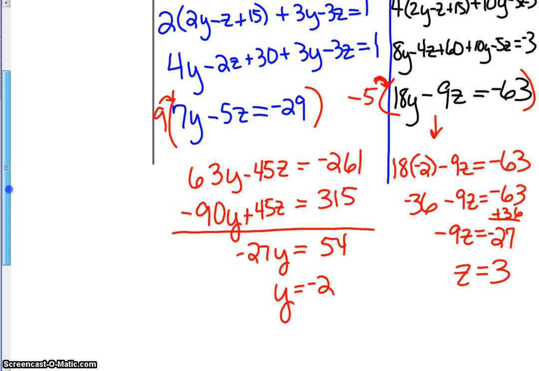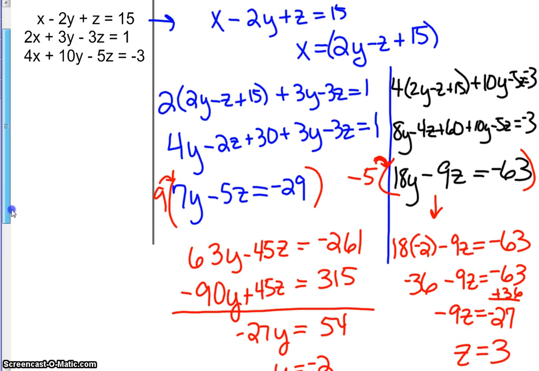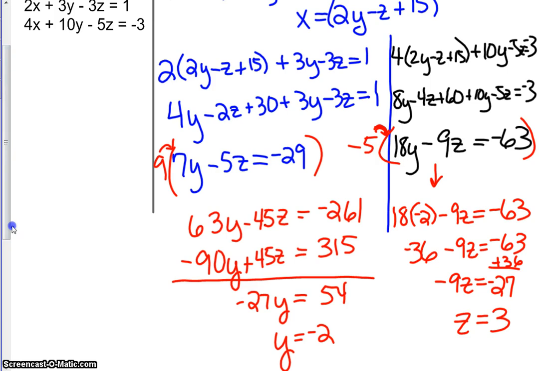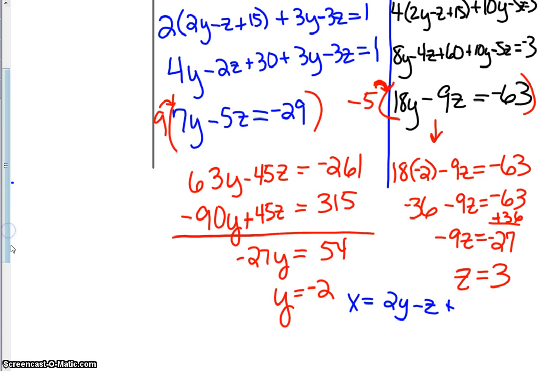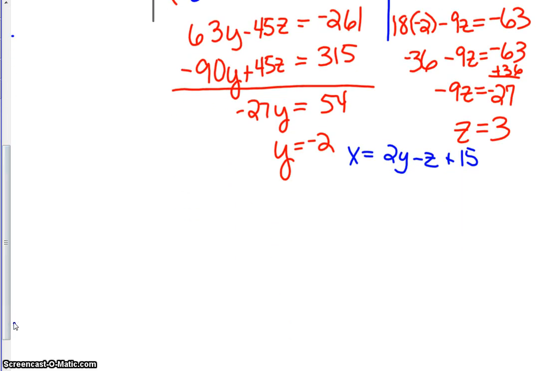Now I'm going to use that knowledge. Now that I know z is 3 and y is negative 2, I knew at the beginning that x equaled 2y minus z plus 15. Now I know my y is negative 2, my z is a positive 3, and I have my 15.